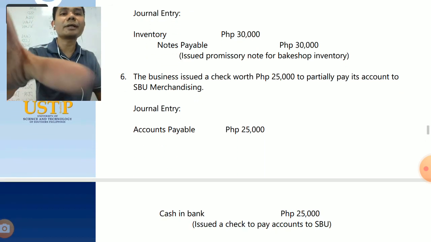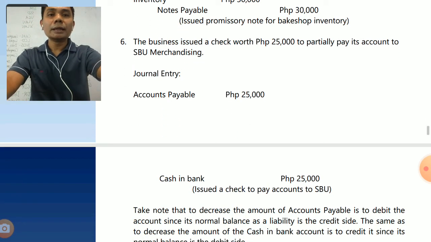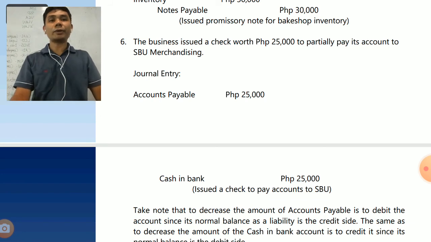Next transaction. The business issued a check worth 25,000 to partially pay its account to SBU Merchandising.